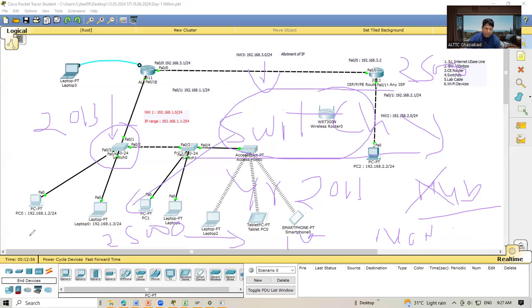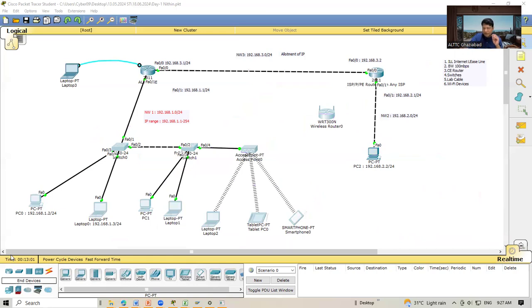So in this session we will discuss what the difference is. A hub is a non-intelligent device and a switch is an intelligent device. Intelligent means having sense and memory. For one example, suppose there are 30 students in your classroom.